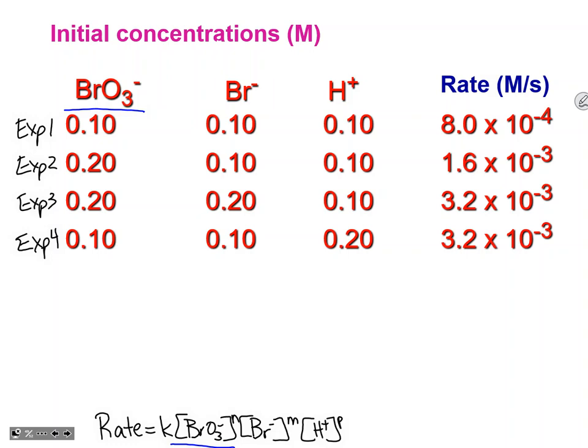So which 2 experiments up there is where bromate is the only thing changing that I can use to calculate with? Which 2 is where only the bromate concentrations are changing, not the bromide or the hydrogen? Which 2 experiments do I need to choose?